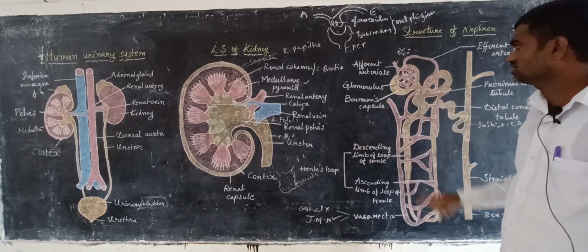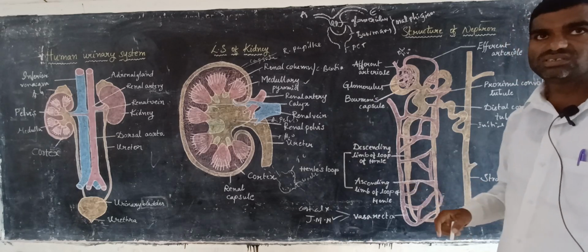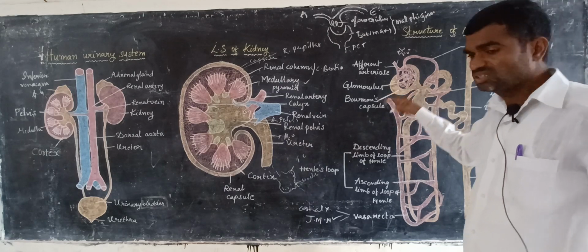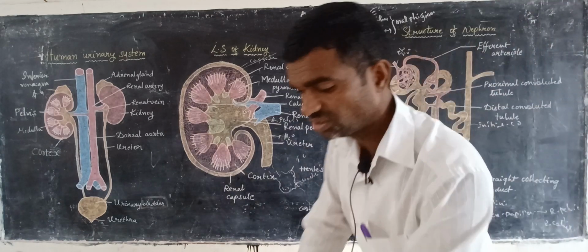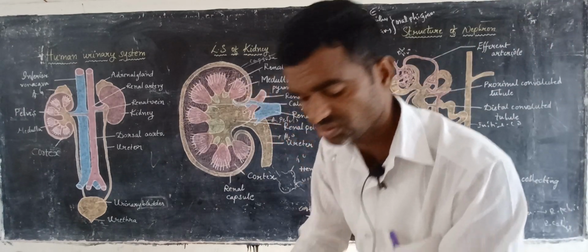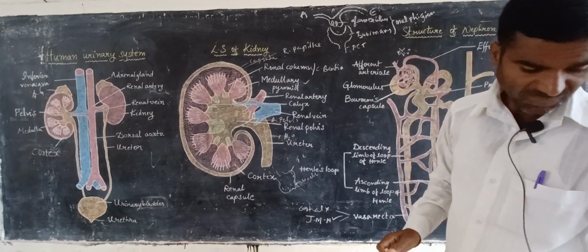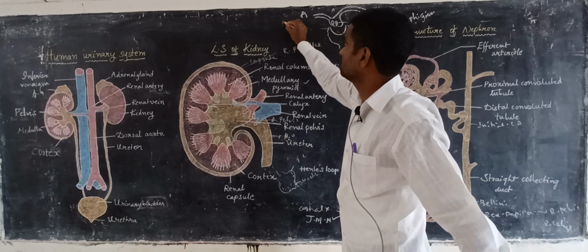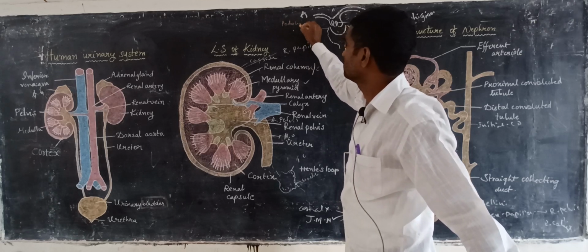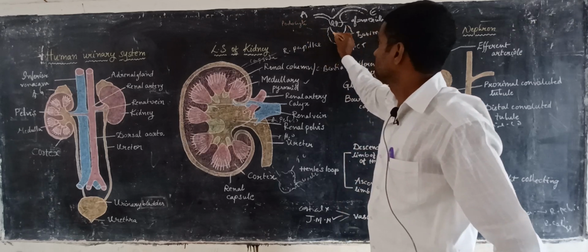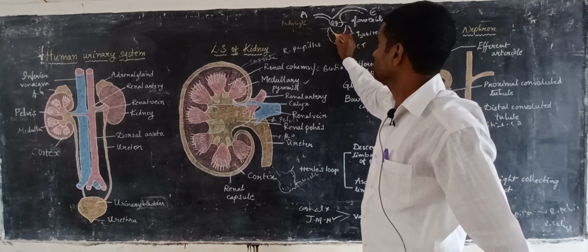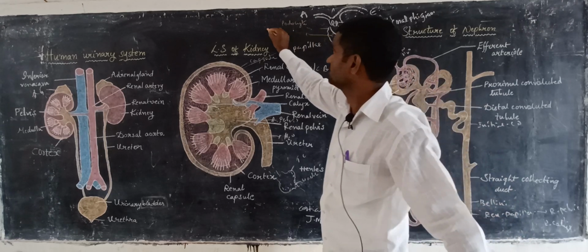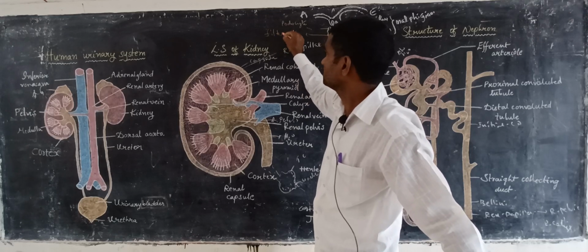The Bowman's capsule contains different tissue layers, and on that tissue it contains different types of cells. The first one is the podocyte cells. Next, pore-like structures form in the second layer, called filtration slits.